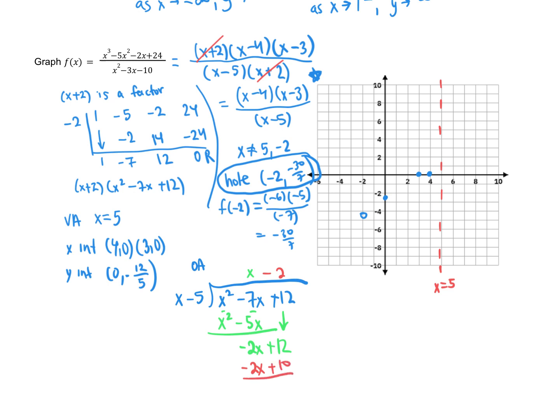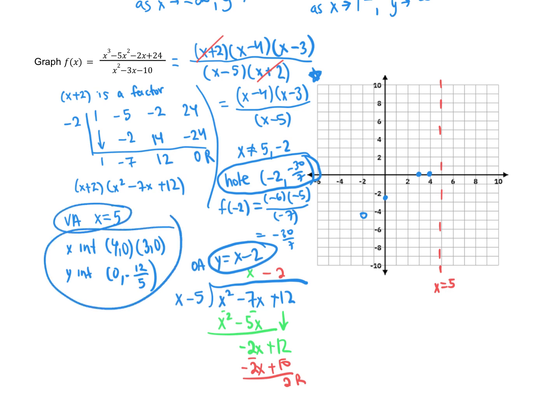Multiply it in and subtract, and we get a remainder of 2, which again does not actually affect our oblique asymptote. So our oblique asymptote is at y equals x minus 2. So all of the important stuff here. Okay, so that means our y-intercept is at negative 2, and we're rising 1 and running 1.